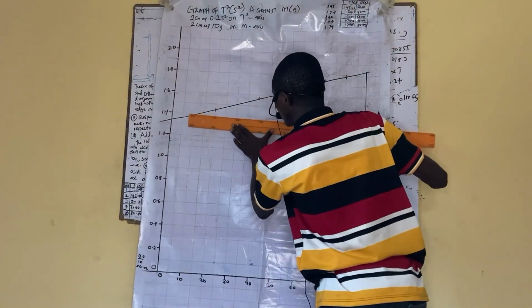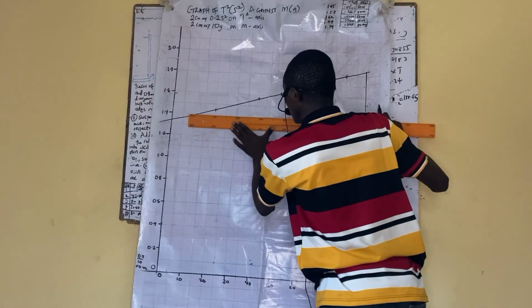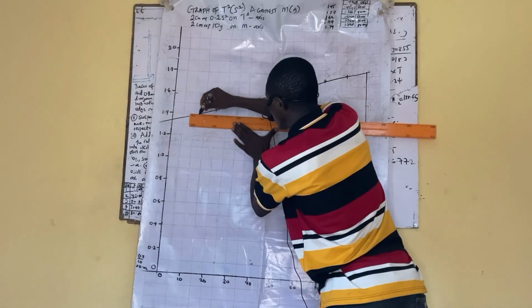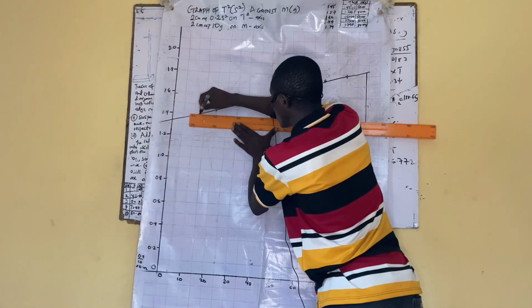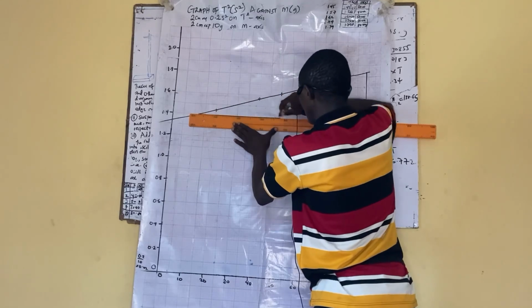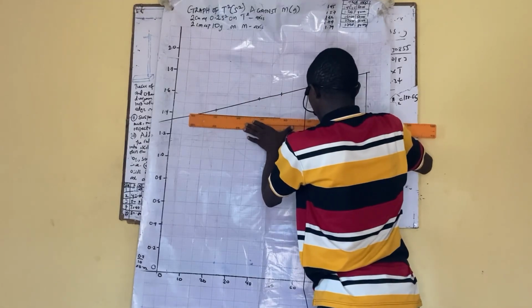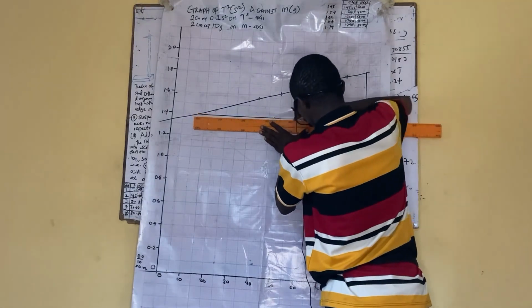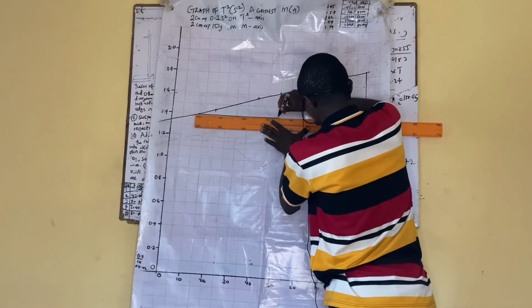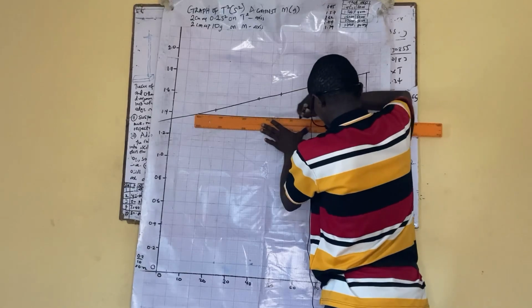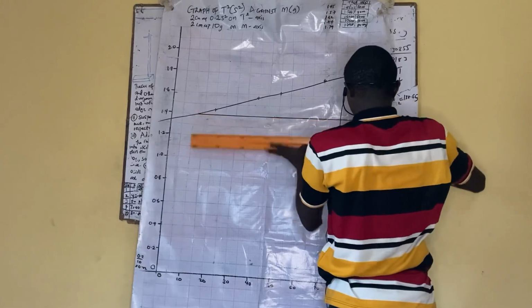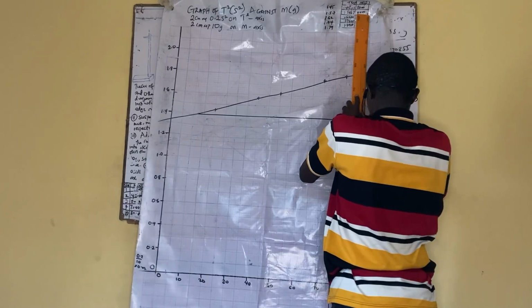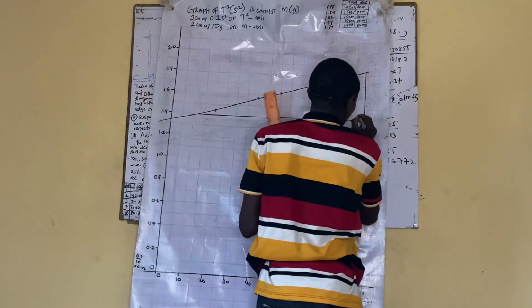Okay, let me use this. So you draw a right angle here.